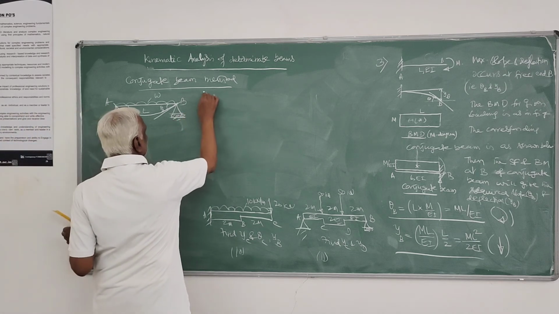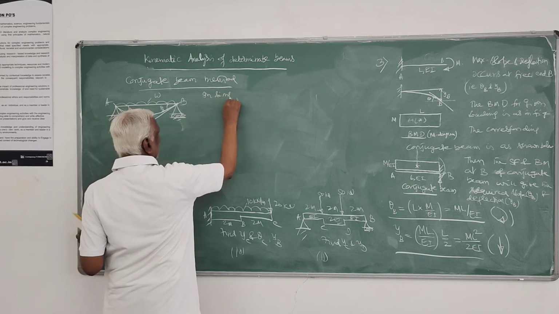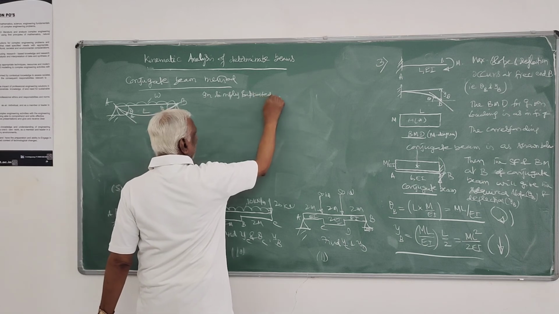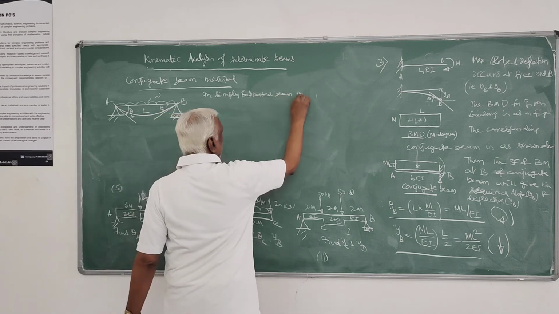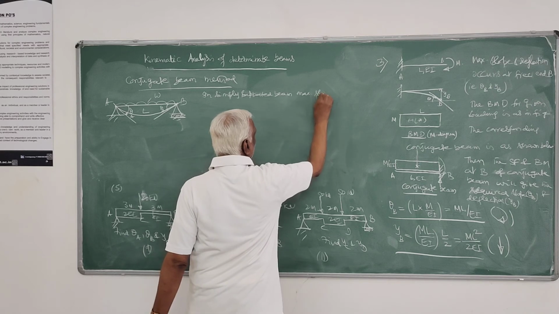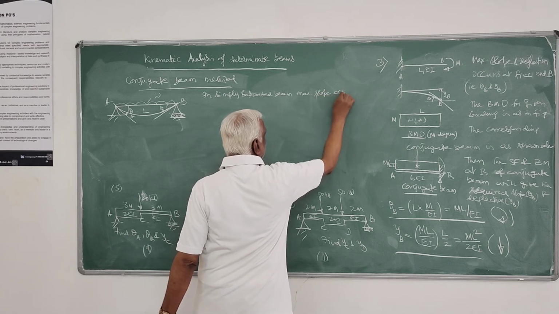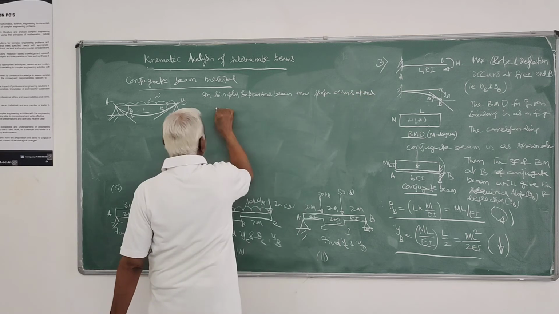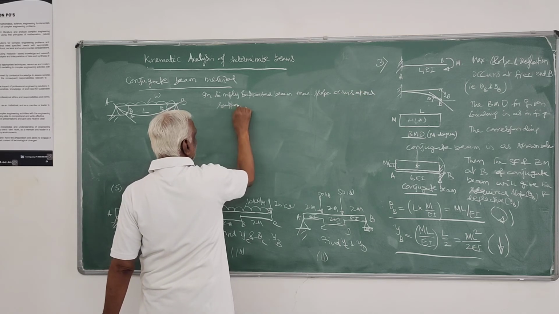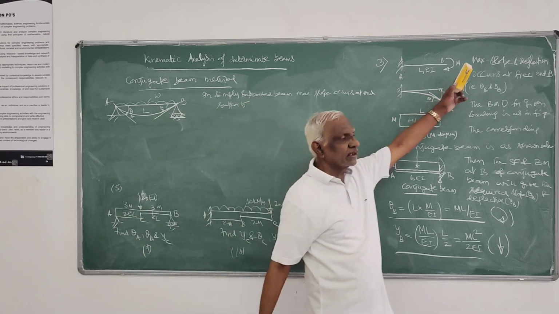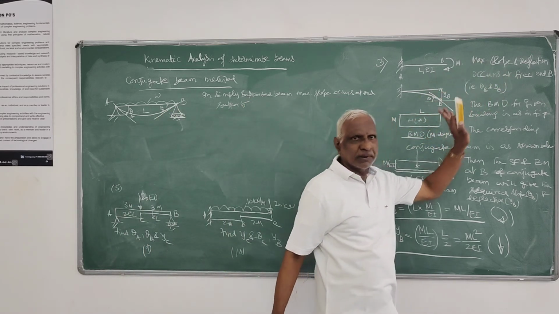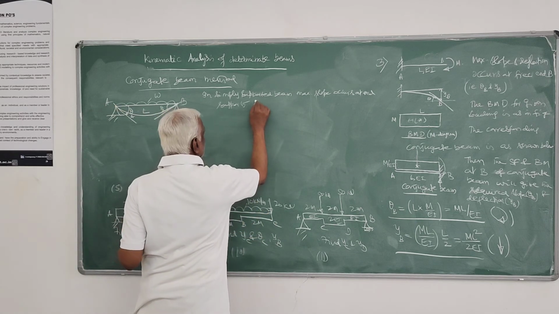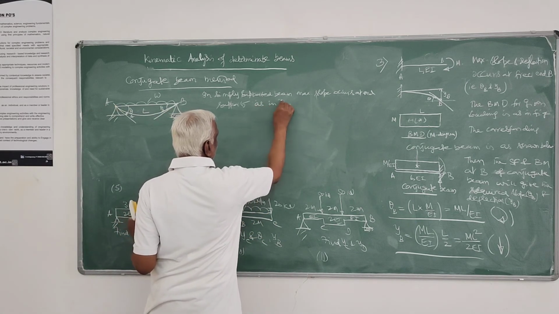So we can say in a simply supported beam, maximum slope occurs at end supports. So that's what I have told here also, maximum slope and deflection are taken, because that's what we have to determine. So as in theta.